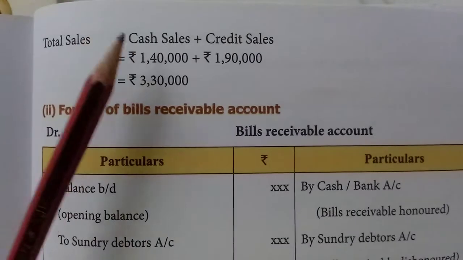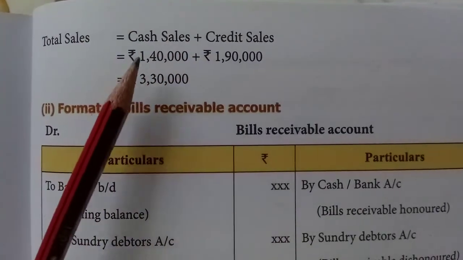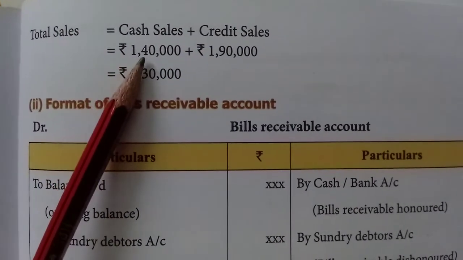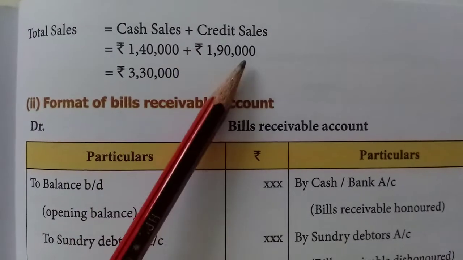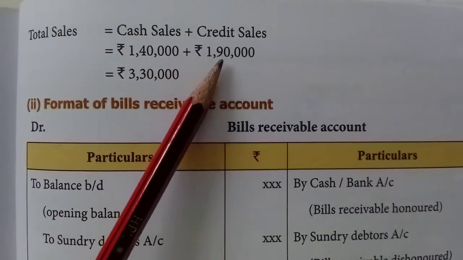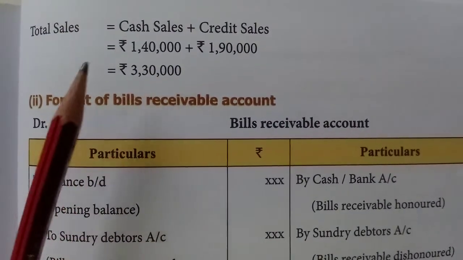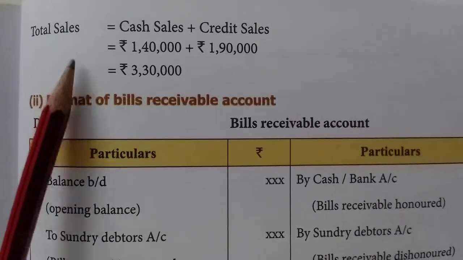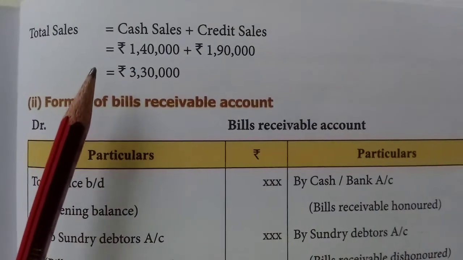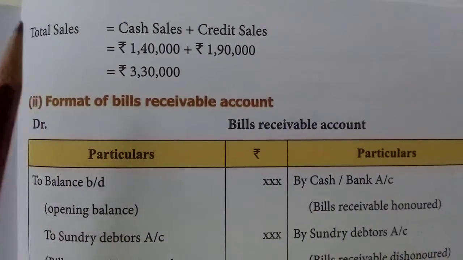Total sales is equal to cash sales plus credit sales. Cash sales given in the problem is 1,40,000. This 1,90,000 we have got from the total debtors account. Add these two, we will get rupees 3,30,000. You can write the rupee symbol. That is the answer. Now you might have understood illustrations 10 and 11.